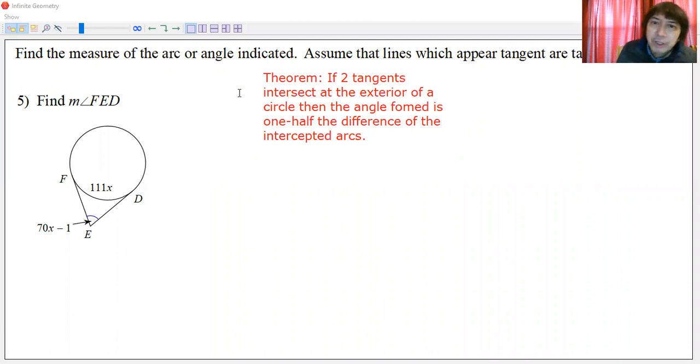If 2 tangents intersect at the exterior of a circle, then the angle formed is 1/2 the difference of the intercepted arc. Let me retype this.